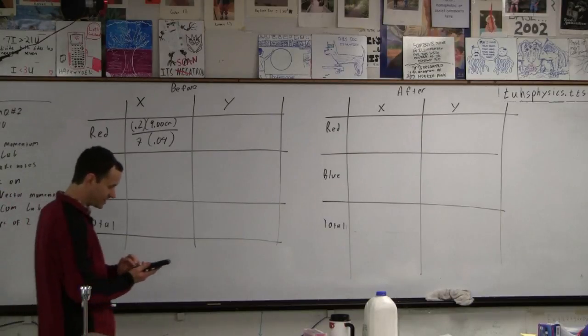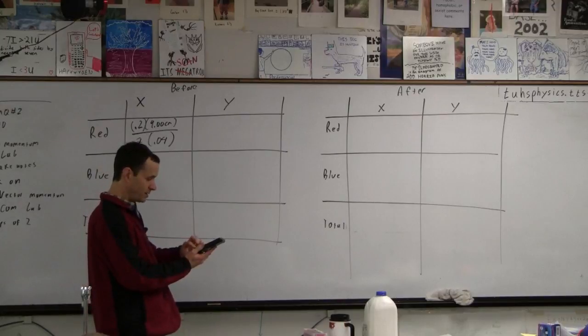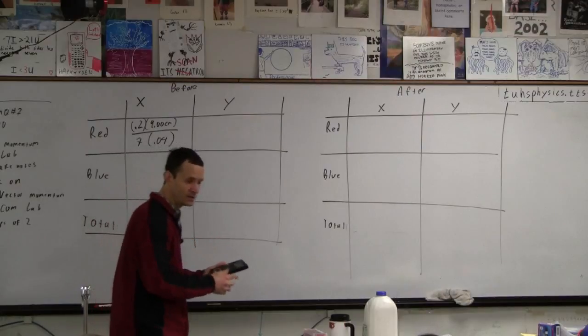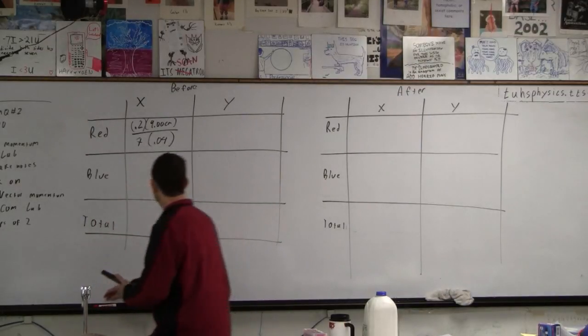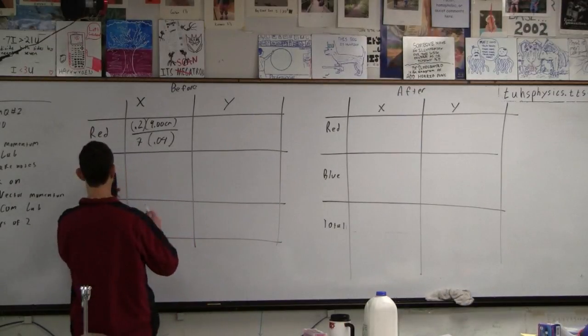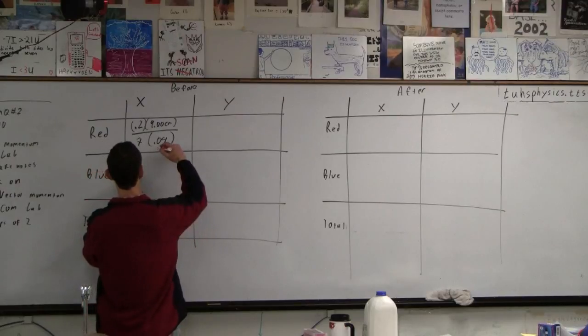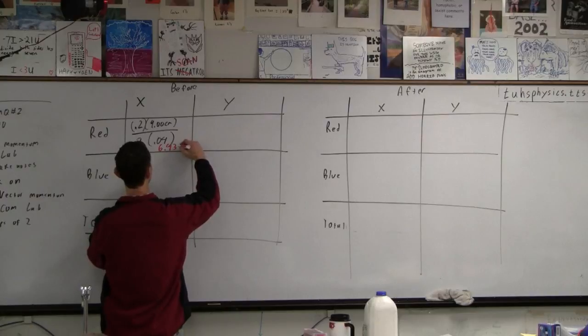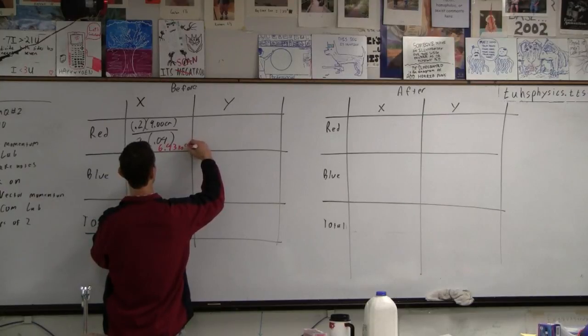So 0.2 times 9.00 divided by parentheses 7 times 0.04. And when I do this, my answer is 6.43. And this is literally kilogram centimeters per second.